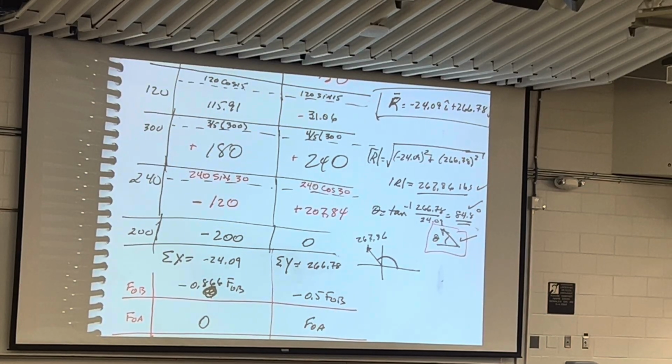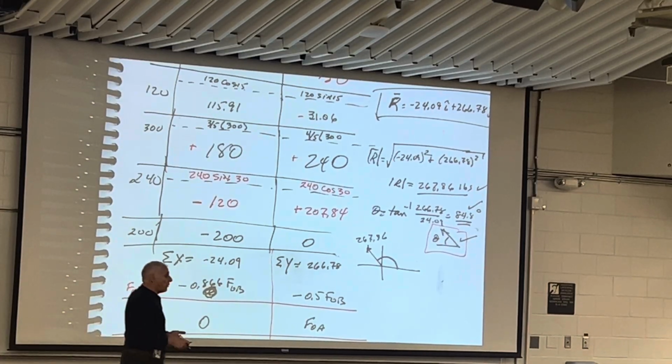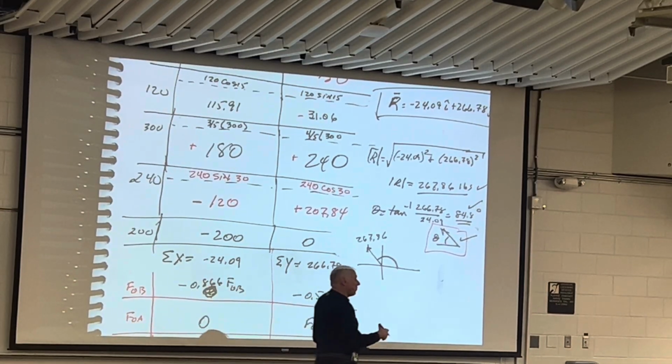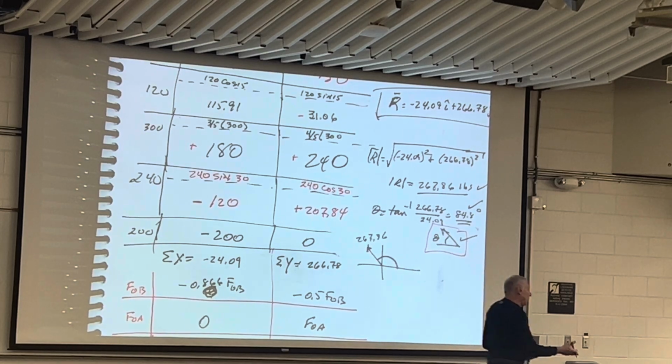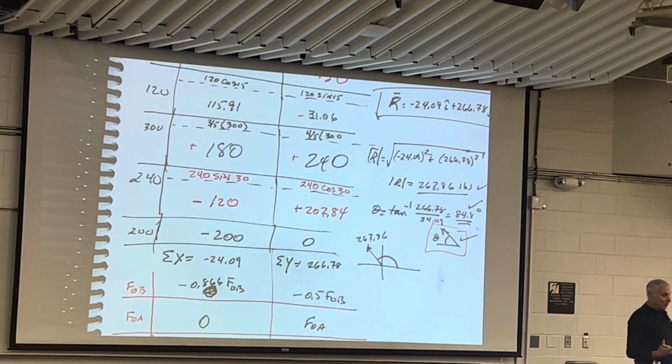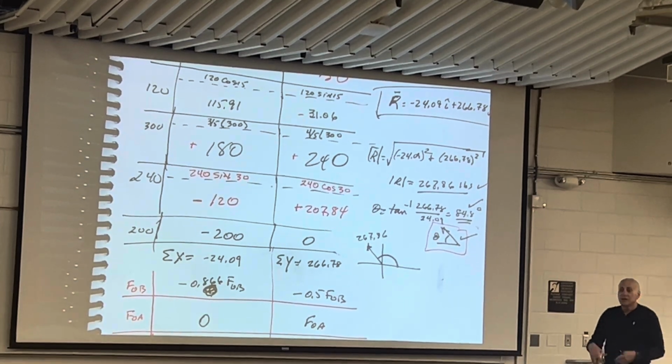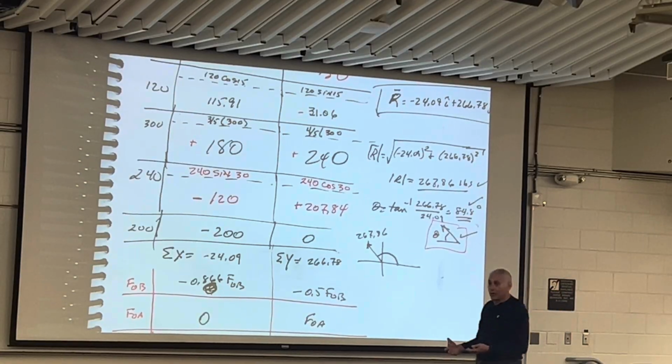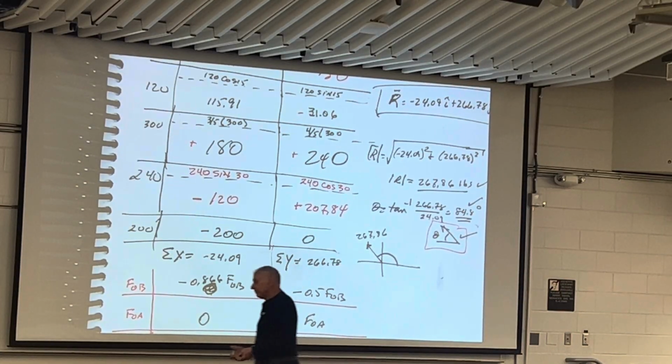What did I do there? I basically said, hey, for FOB, I want the x component that would be cosine of the angle, 30, which is 0.866, and sine of the angle 30, which is 0.5.